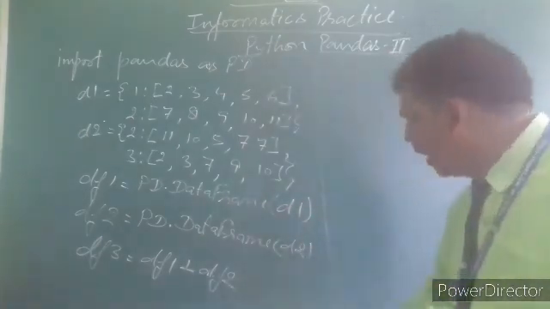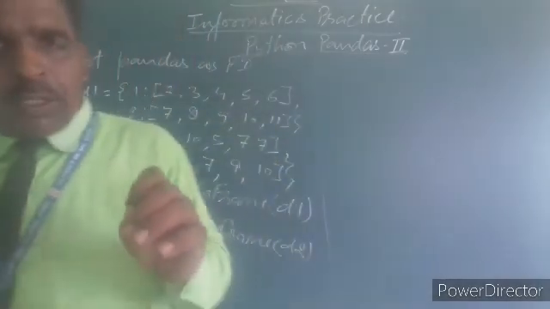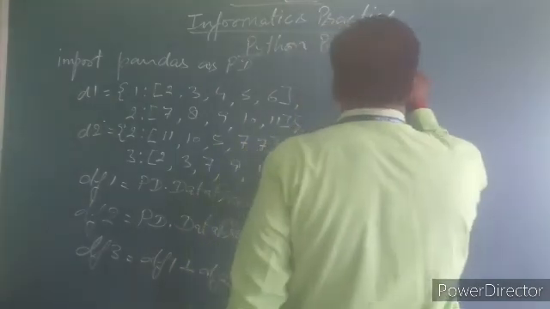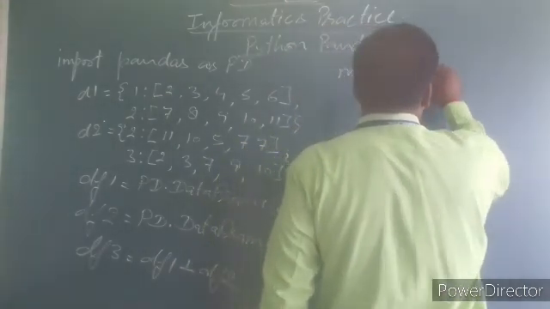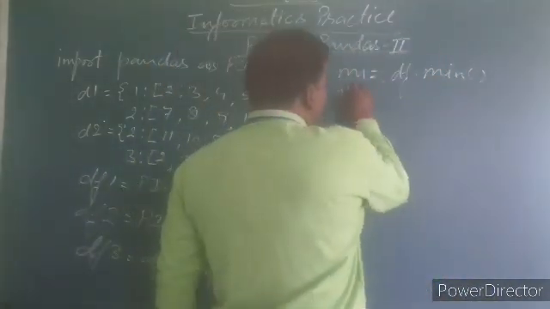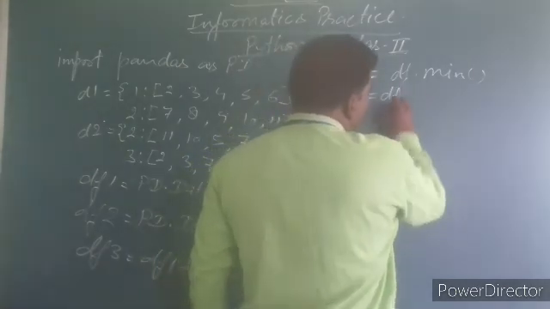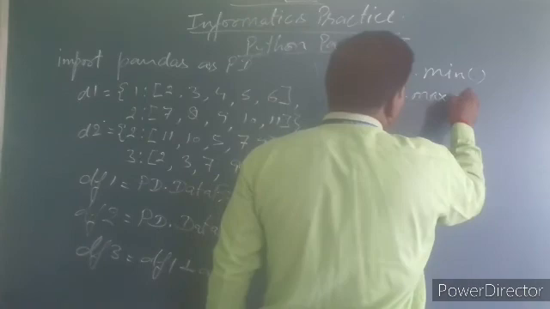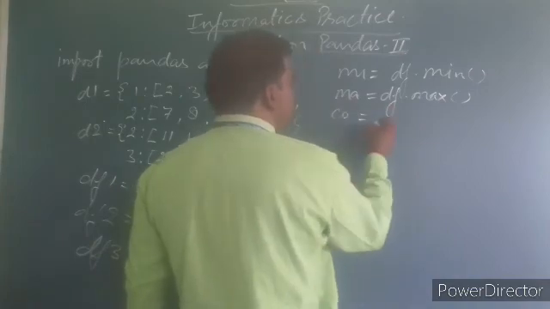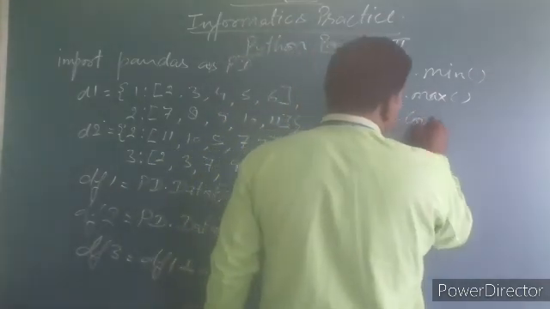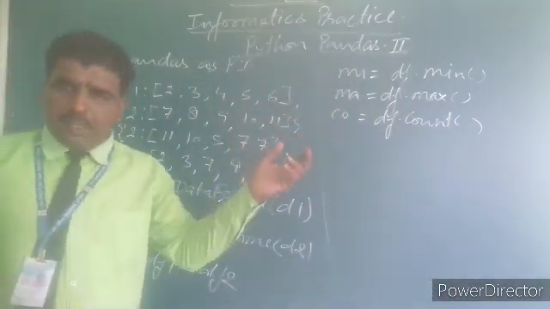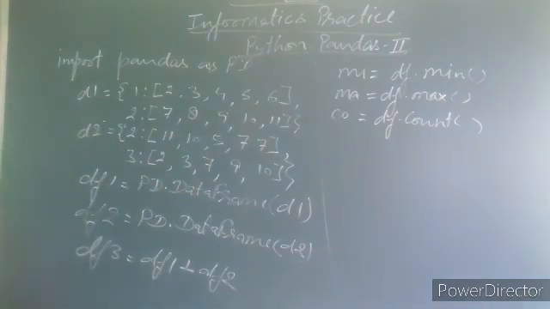After that, if you want to apply the methods, different methods, like mi equals df dot min, it means we have calculated the minimum value. After that, ma equals df dot max. After that, co equals df dot count. Here we can give conditions according to the axis.